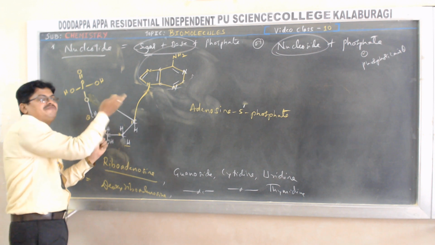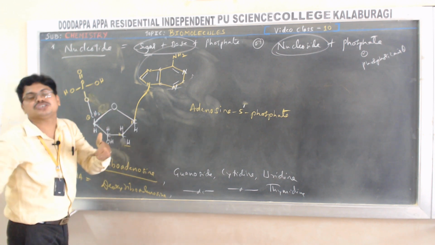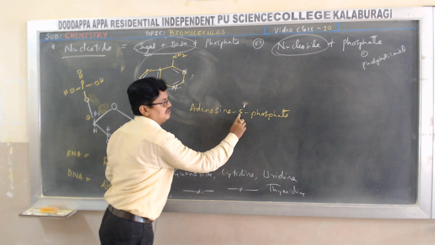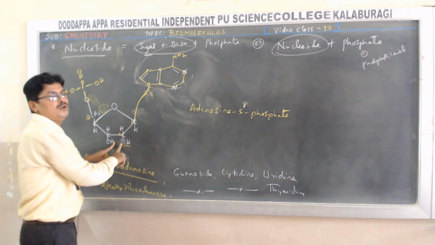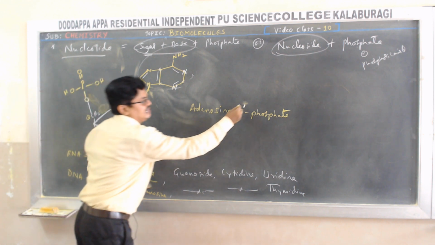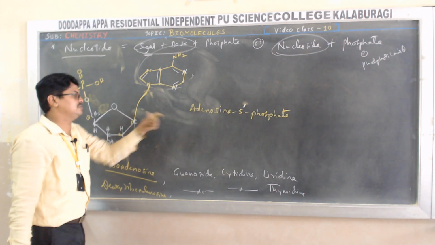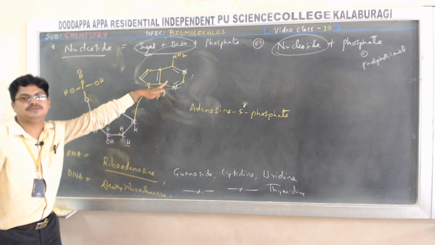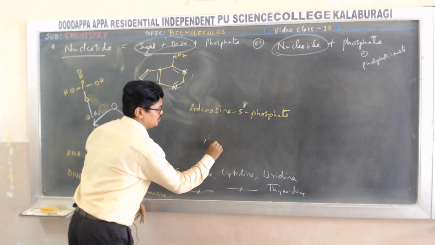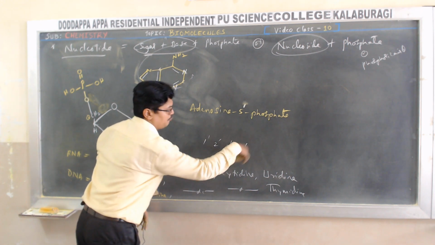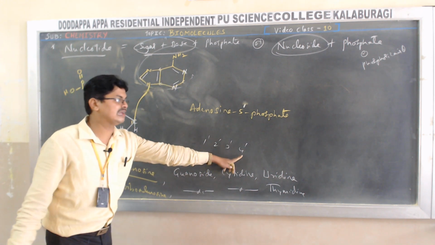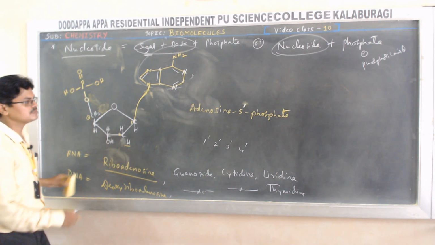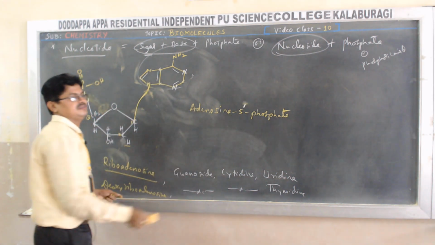Hence, in order to distinguish the carbon of which molecule, this 5 dash indicates the fifth carbon from the sugar. Only for the sugar carbons we write the dash, not for the nitrogen base. Wherever 1 dash, 2 dash, 3 dash, 4 dash, it indicates these are carbons from the sugar molecule. So this is the structure of adenosine 5-phosphate.